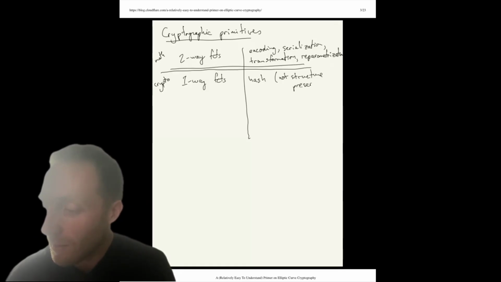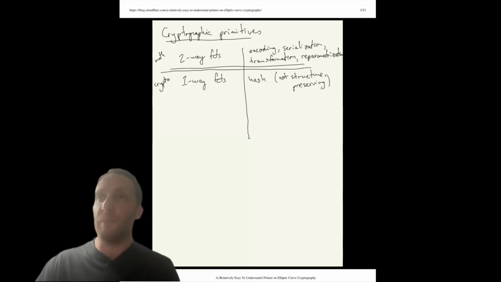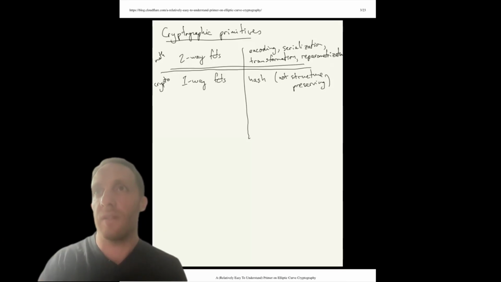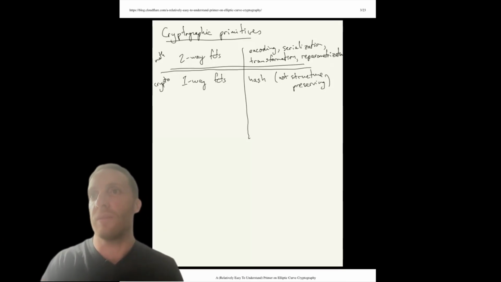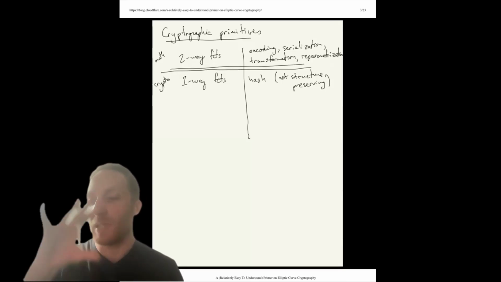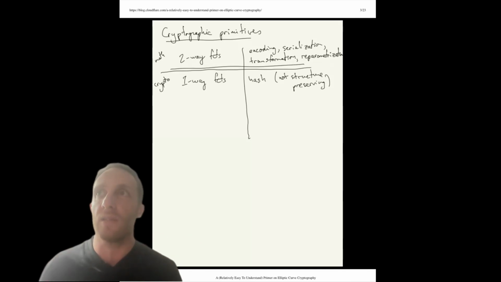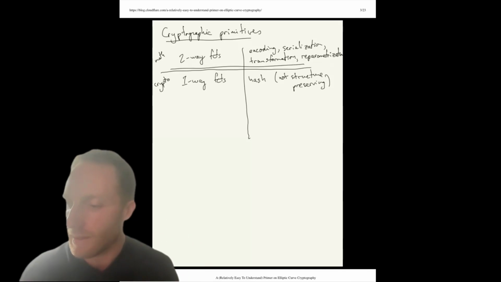We'll see what that means. There are a bunch of examples where we actually will want hash functions that preserve some kind of structure, and I'll also explain what we mean by structure, but I mean some kind of mathematical structure, such as a group structure mostly, or linearity, something like that.